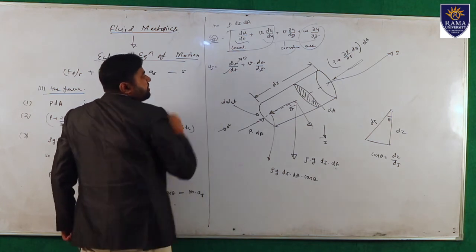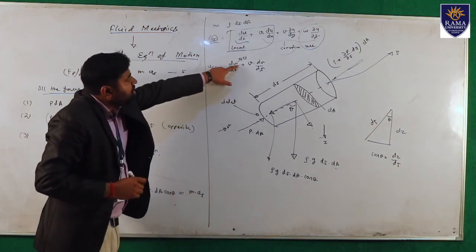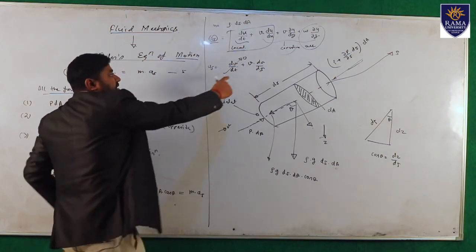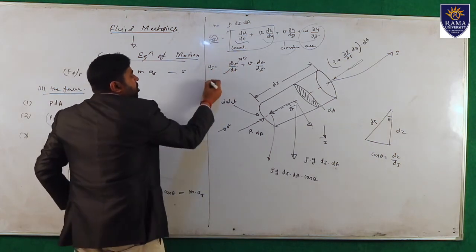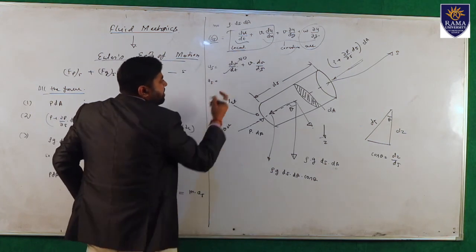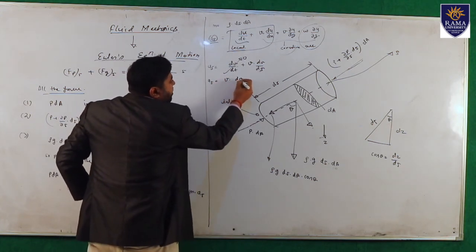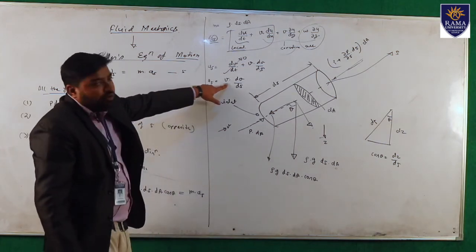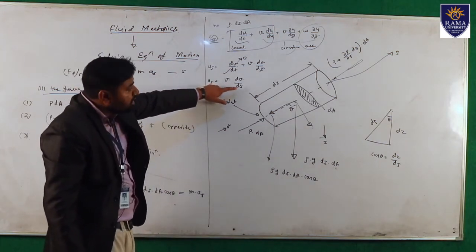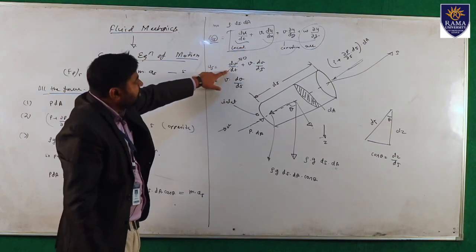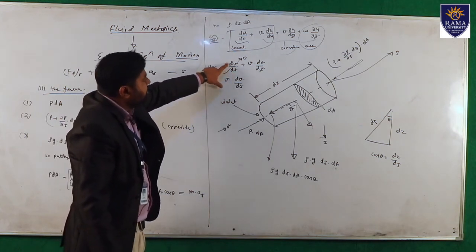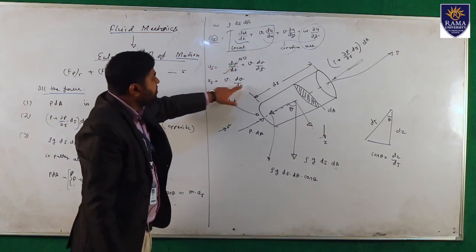In the case of steady flow, no velocity or parameter changes with time, so this component can be 0. So what remains? V into dv upon ds. So our acceleration will become v dv upon ds. Because the flow is steady, the time derivative becomes 0 and only this comes into play.